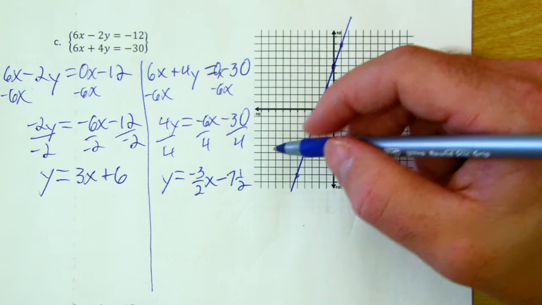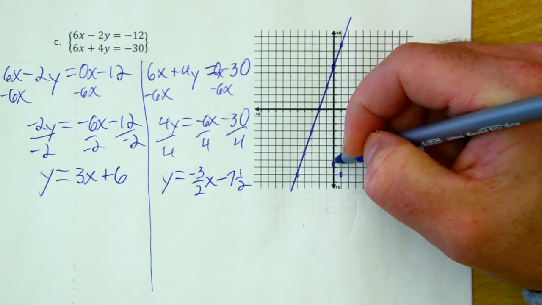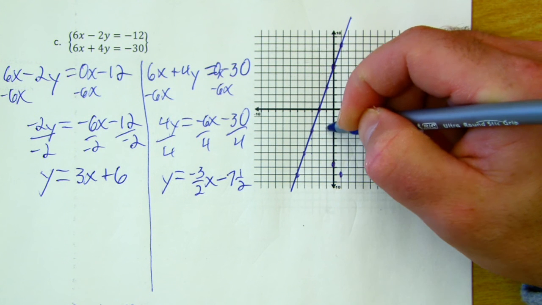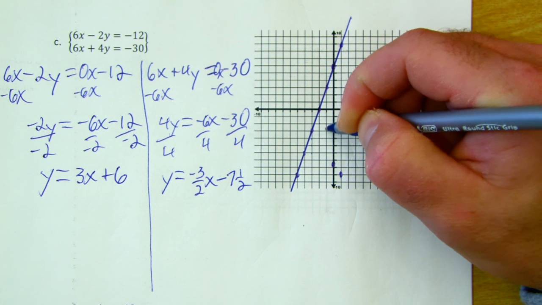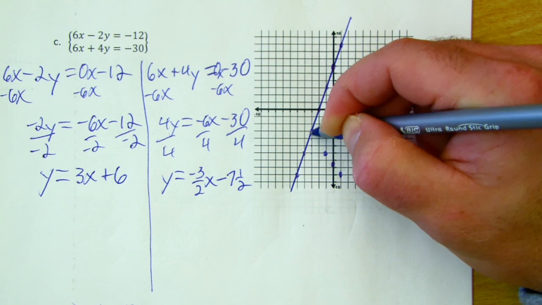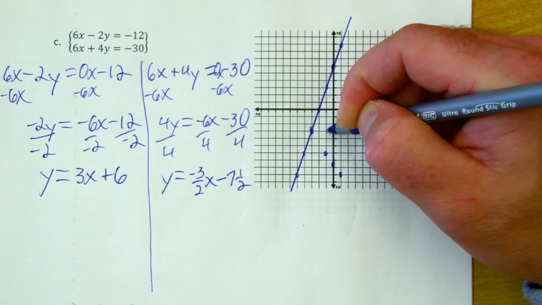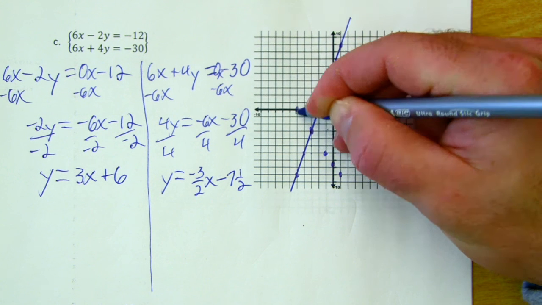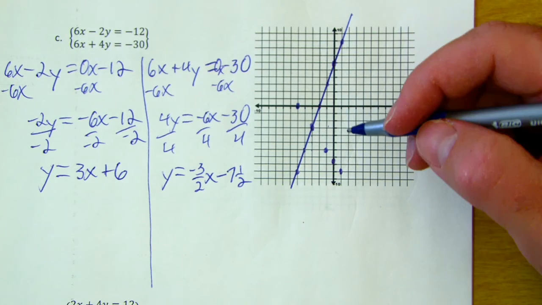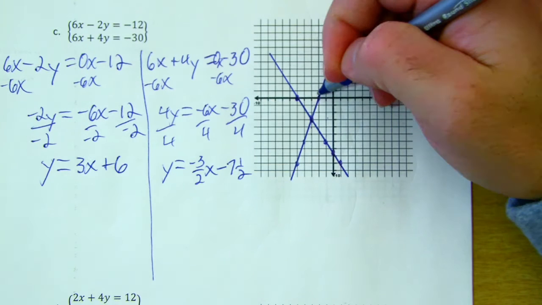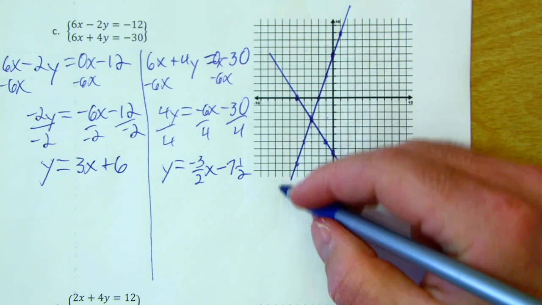So that'll be -6. And then once we get to a whole number here, my pattern is up 3, left 2. You see where we intersect right there? All right, so they intersect at -3, -3.